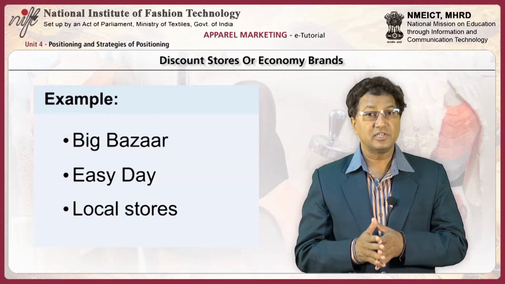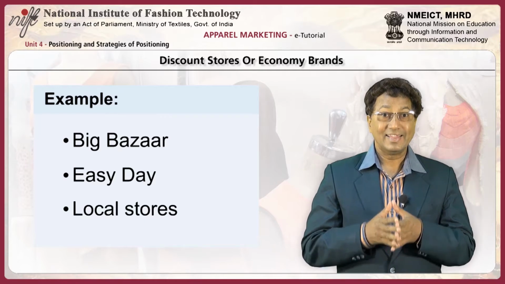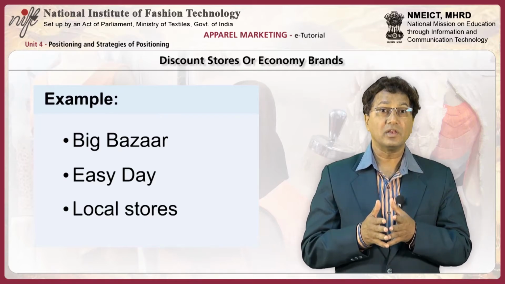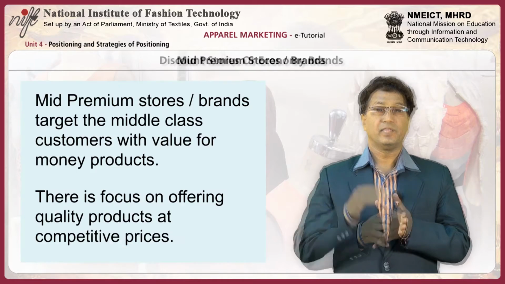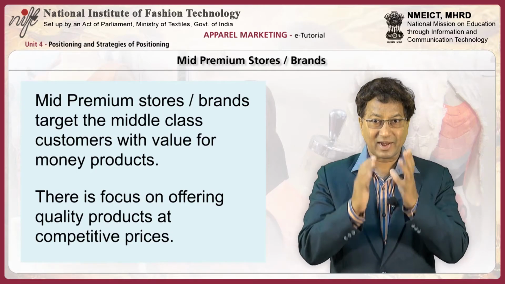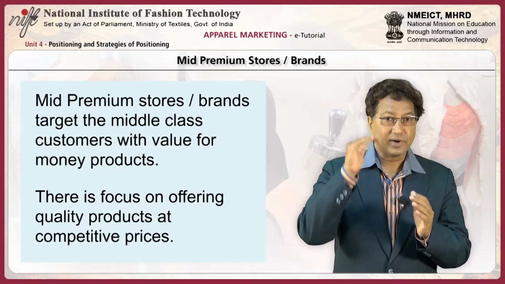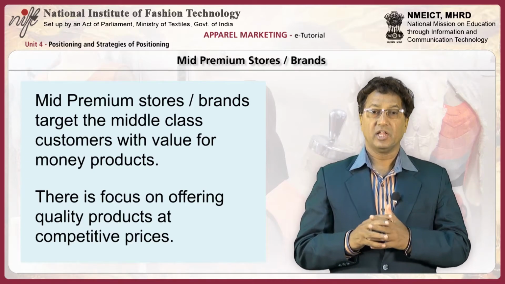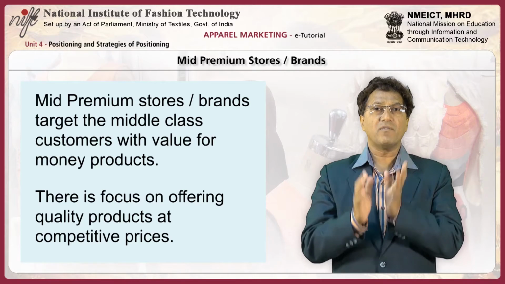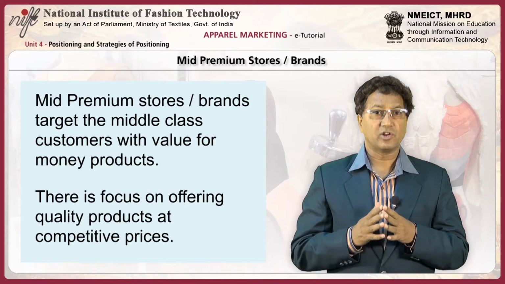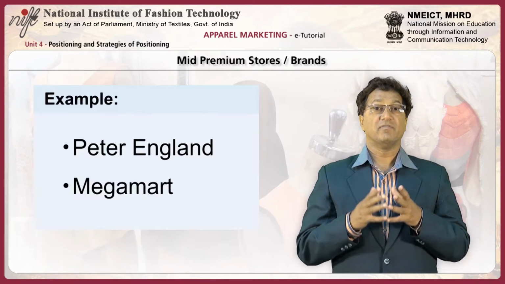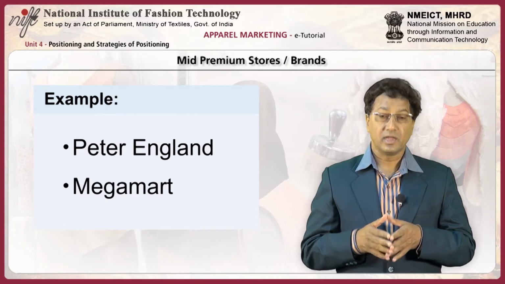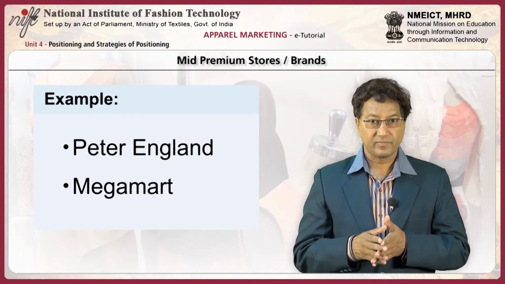Examples of this segment are Big Bazaar, Easy Day, local stores, etc. The mid-premium stores and brands target the middle class customers with value for money products. Their focus is on offering quality products at competitive prices. For example, Peter England, Mega Mart, etc.